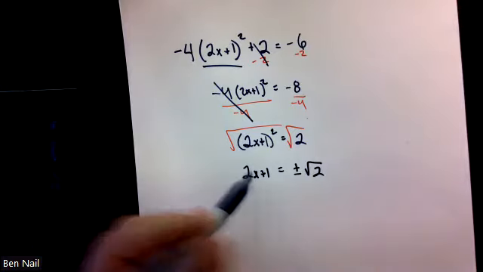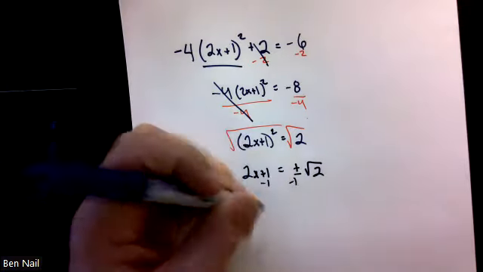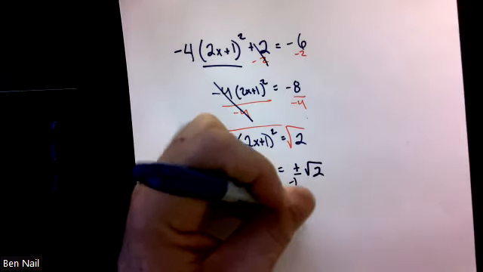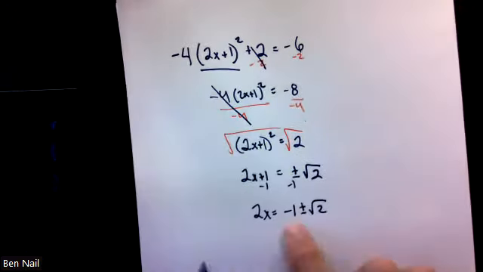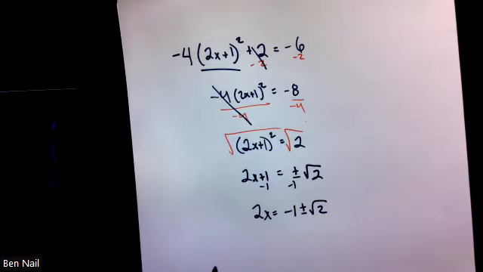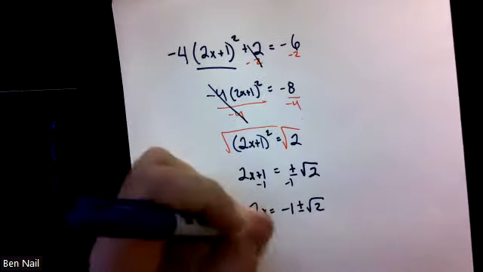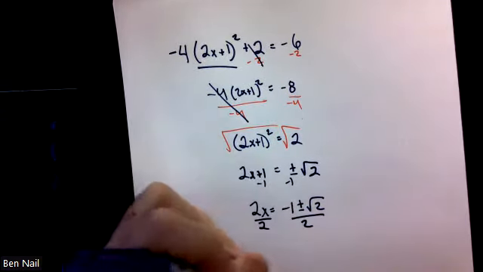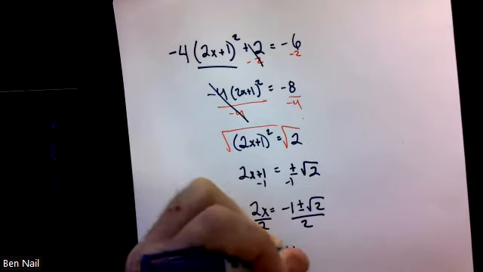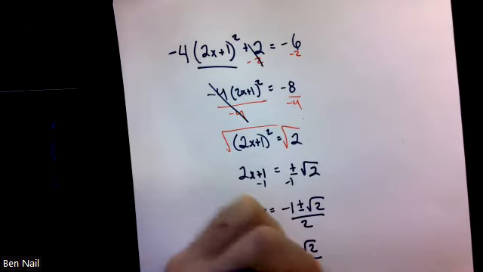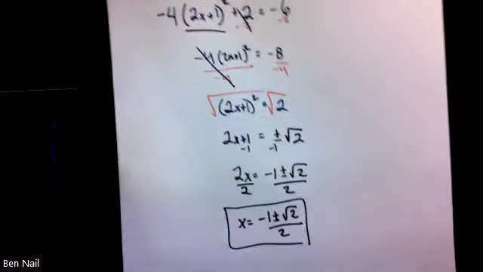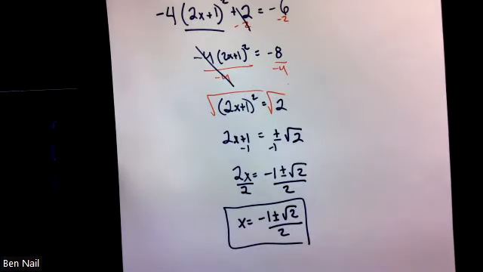Again, now we want to solve for x. So again, subtract 1. These two things are not like terms, cannot combine, need to divide. There we go. That would be my solution. Now, again, a couple of different ways to write this. And again, MyMathLab will accept either.